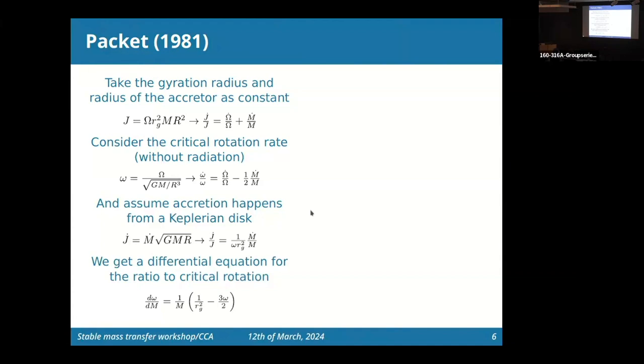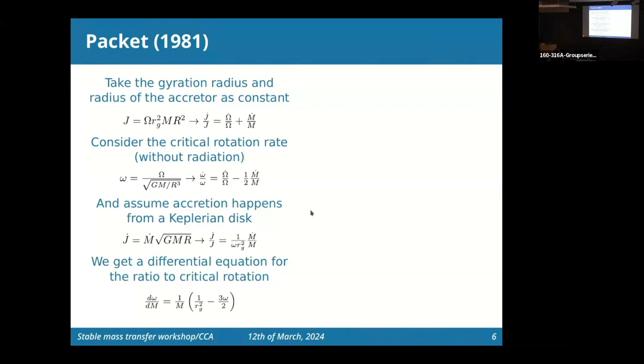We compute the time derivatives. And finally, we assume a mode of accretion. We assume we're accreting the angular momentum corresponding to a Keplerian orbit. And we do the same thing, and we have a small omega factor on the gyration radius as well. Combine all this, you get to a nice differential equation for how this value evolves with respect to the mass. That depends on the gyration radius.